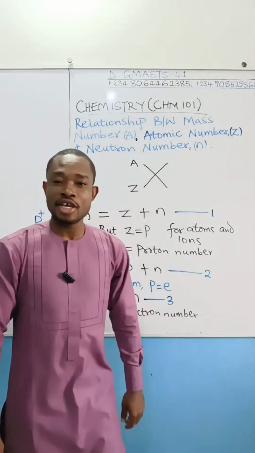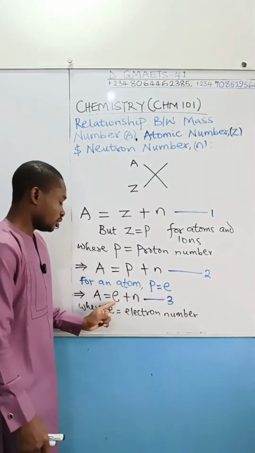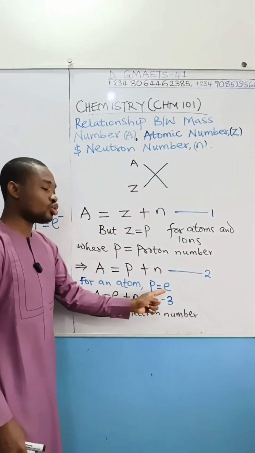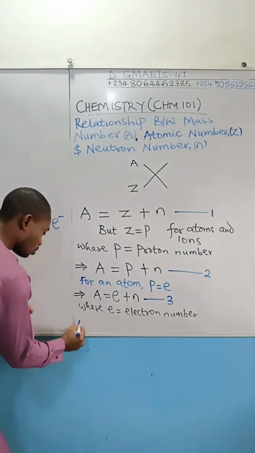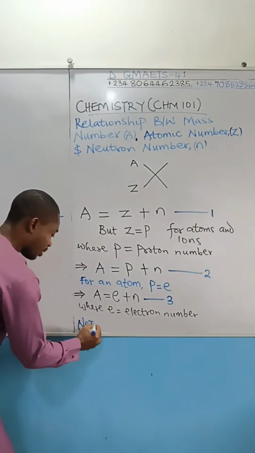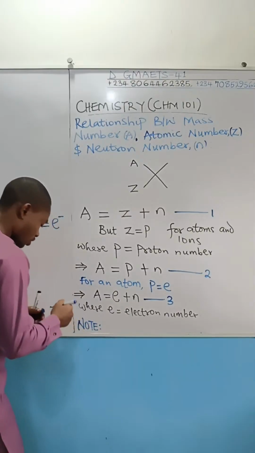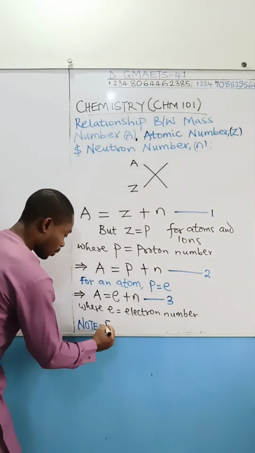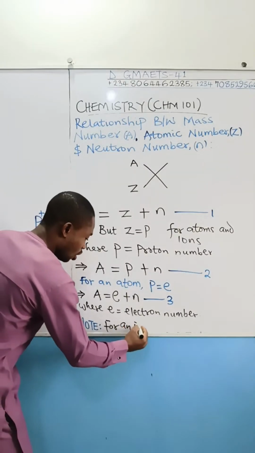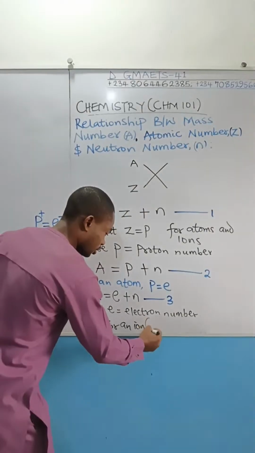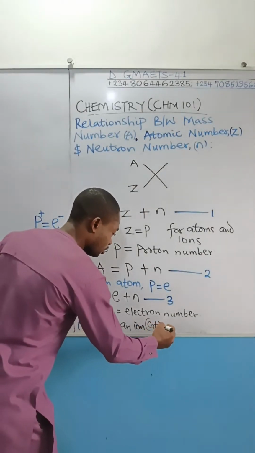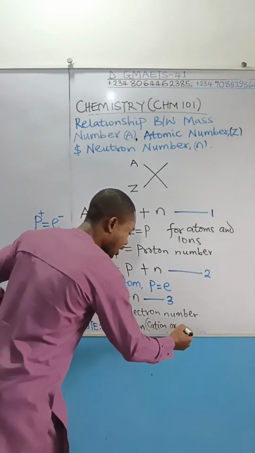Please, for an ion, proton number is not equal to electron number. So let me give it to you as a note. You want to be warned about this. Note: for an ion, either cation or anion, in bracket, cation or anion.